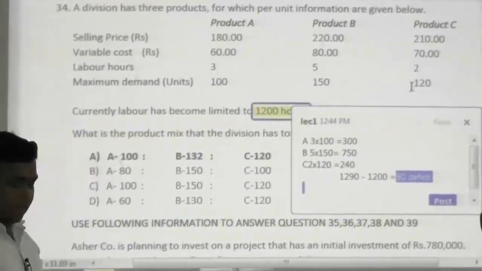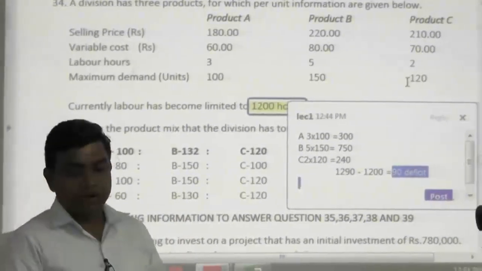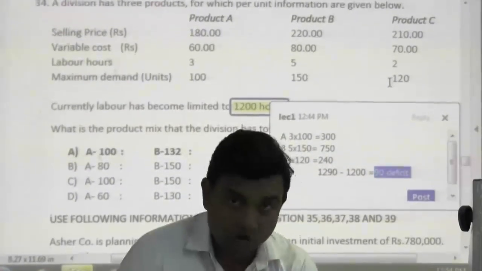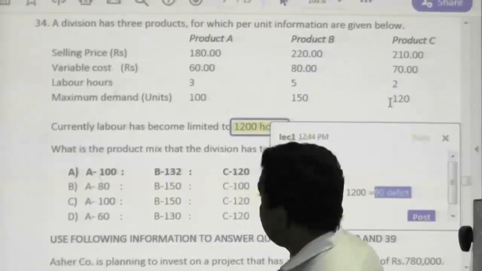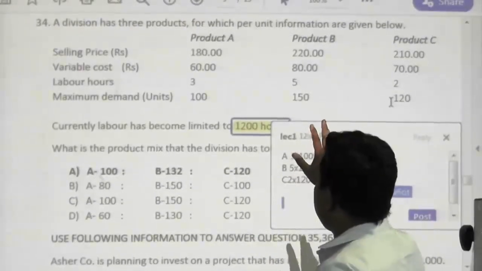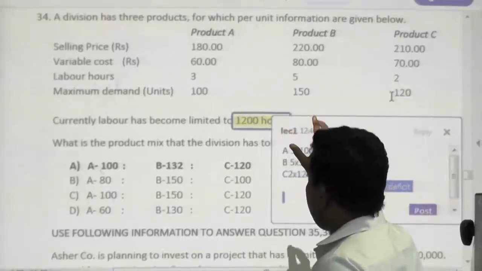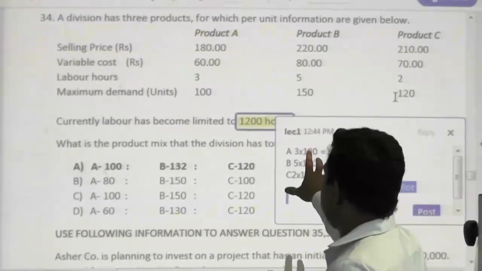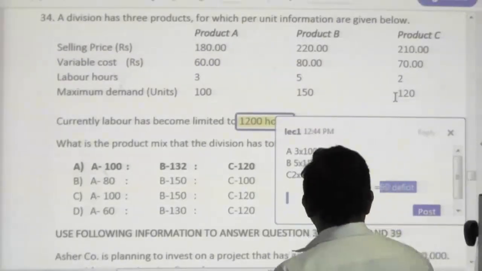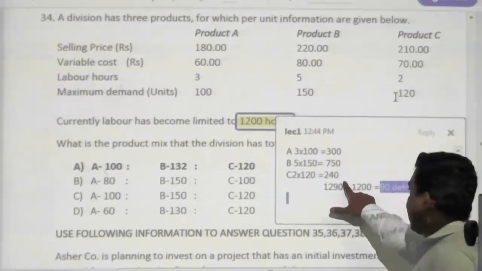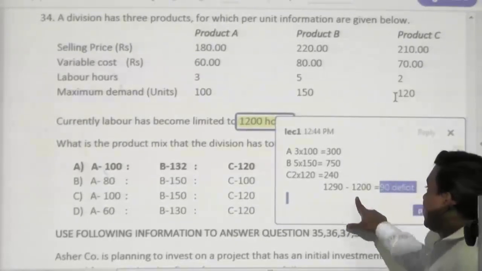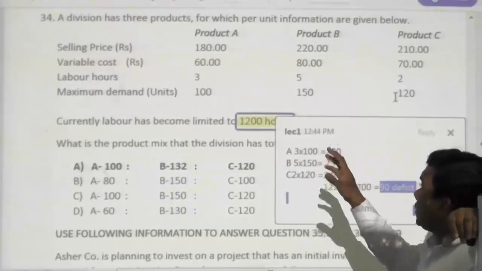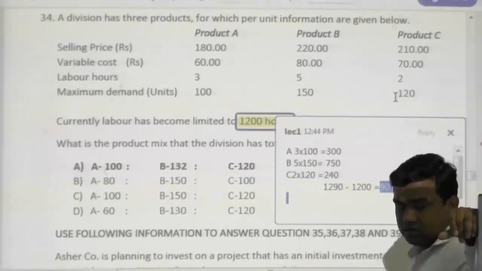I think you got the idea what you need to do. I will repeat what the steps are that you have to follow. Number 1, see how many limiting factors you have. Here you have only one limiting factor, that is labor hour. Then see how many labor hours deficit, like we calculated. Then calculate contribution per each product.